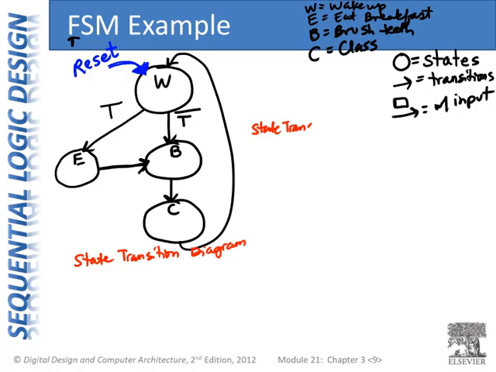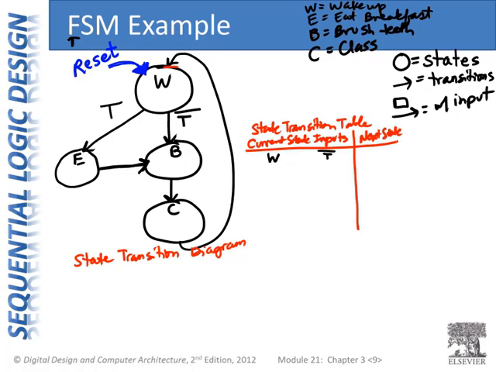That's our next step. You can kind of see that this state transition table is going to look a lot like a truth table. So we have our current state, and our inputs. In this case, our single input is going to determine what our next state is.